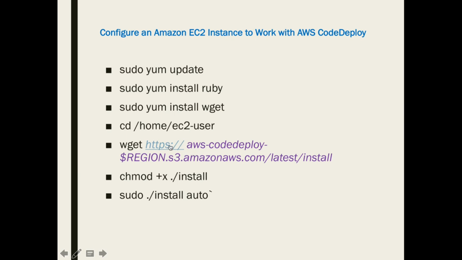Then go to the EC2 user home directory and download the latest CodeDeploy agent from this URL. The $region is the region where you are trying to install on the EC2 instance. For example, if your instance is placed in US East 1, this will be us-east-1.s3 and so on. Then convert that into an installable file and do the installation.